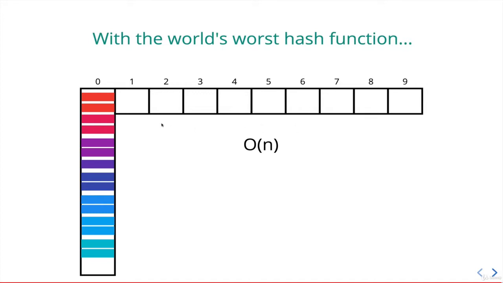But if this was the case, if I wanted to retrieve, or if I wanted to insert, if I wanted to delete something from the end, it's going to be O of n time, because even if my hash function itself is constant time, if it's distributing everything into one spot, then it's basically just a list. And to insert at the end of a list is O of n. It's linear time. So it really comes down to how good your hash function is, how fast it is itself, but also how evenly it distributes things.